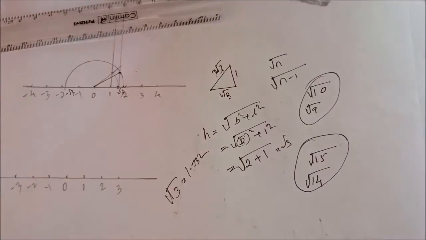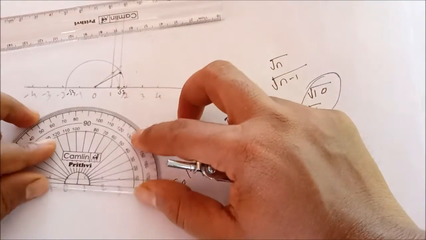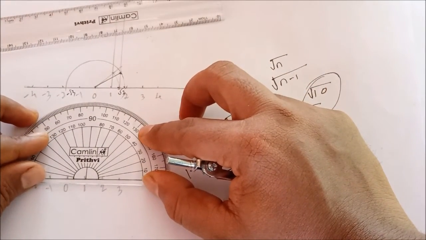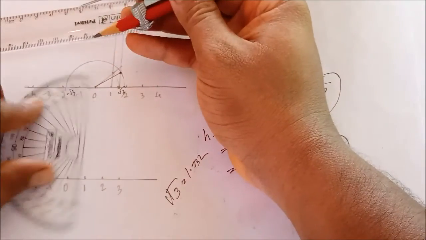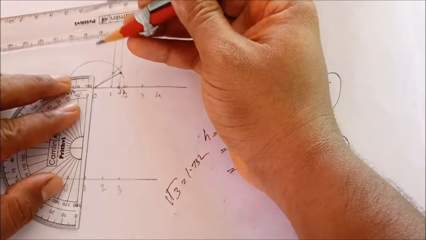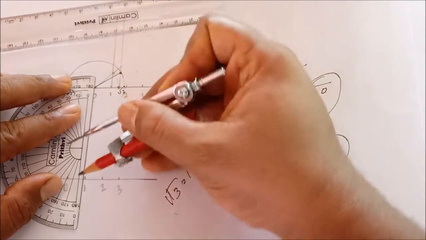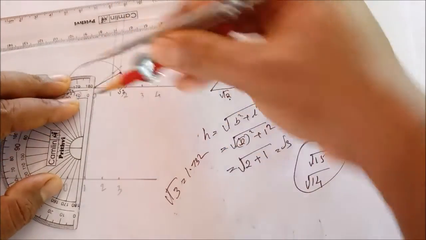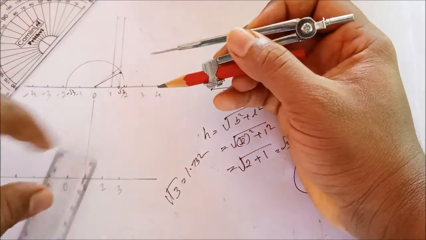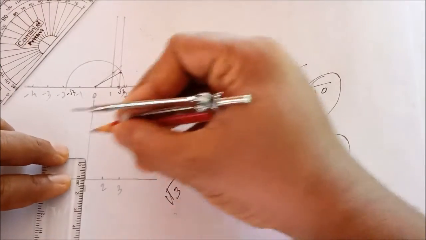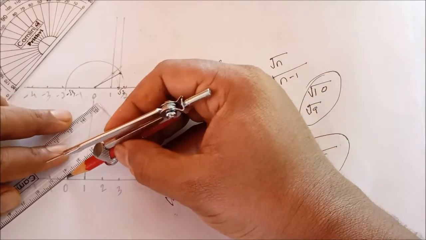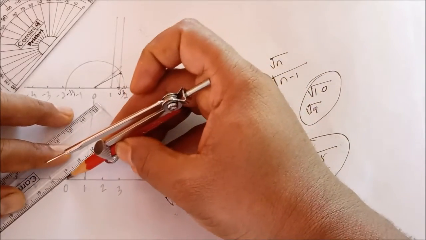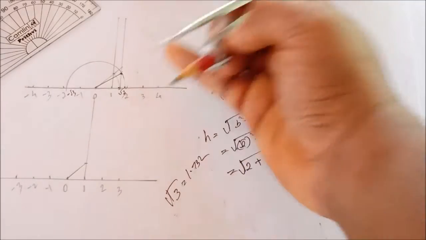And again we are taking a perpendicular at 1, take 1 centimeter or 1 unit, join the line. Up to this point both methods are the same.